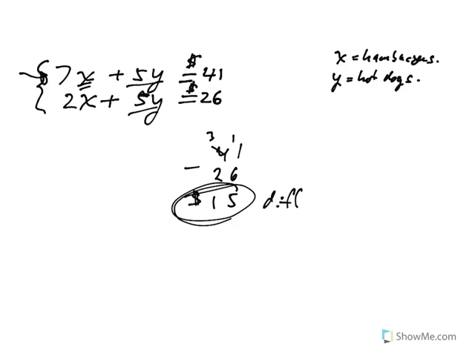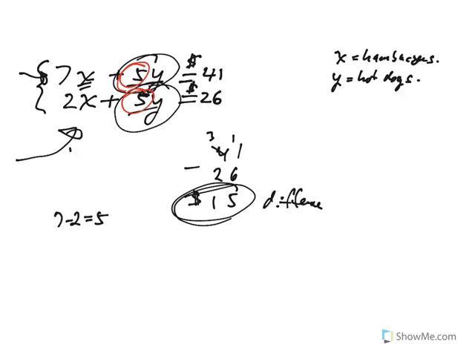That $15 difference, because the hot dogs had the same number, which didn't have to happen, but I want to start with an example where these two numbers are the same, can only come from the change in the number of hamburgers bought. And 7 minus 2 is 5. So this $15 difference came from the fact that there were 5 more hamburgers in the first case than in the second.